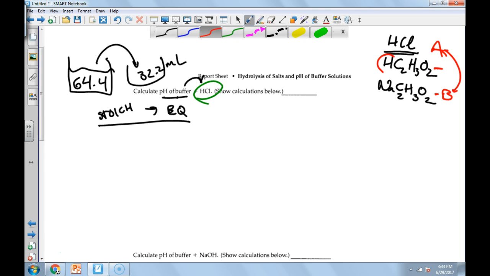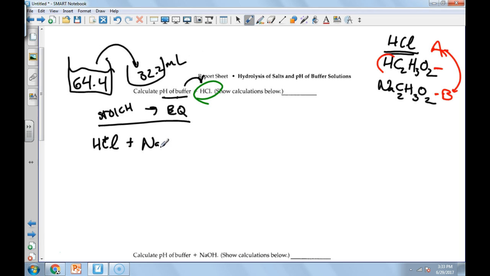So when we write a reaction for this, the reaction is going to be the strong acid, HCl, plus the base, NaC2H3O2, reacts to form, it's not in equilibrium, HC2H3O2 plus NaCl.